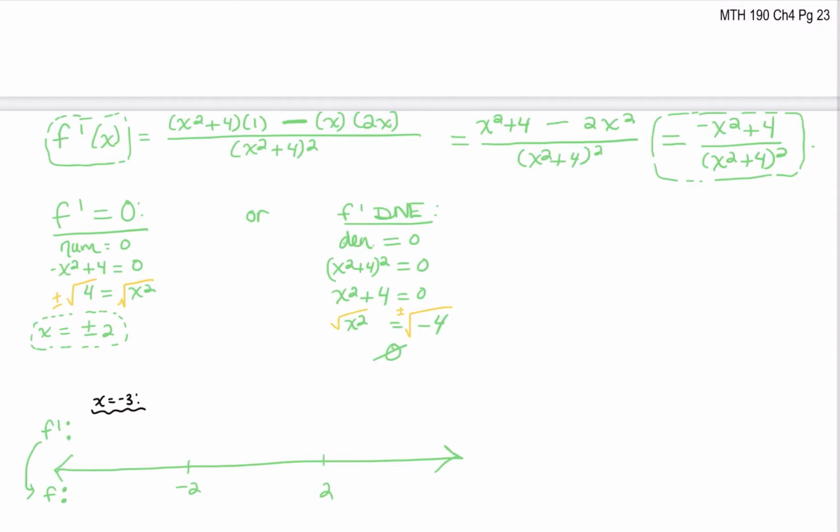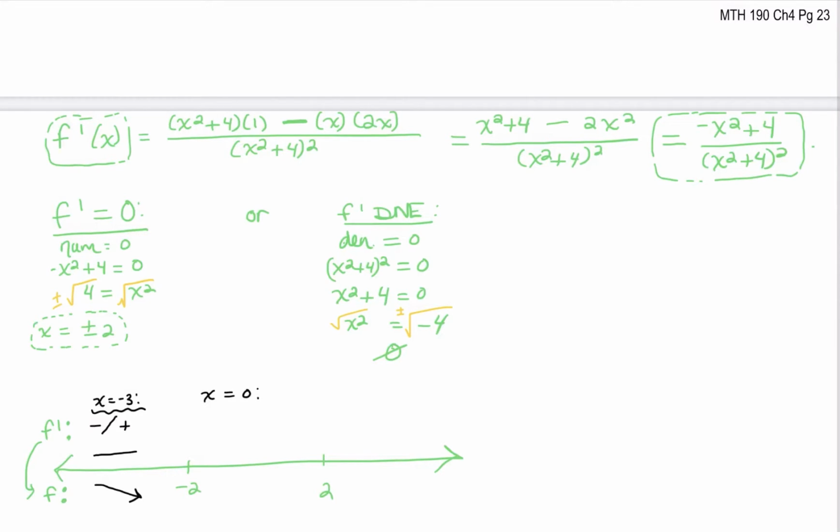Remember, we're subbing into f prime. Negative 3 squared would be 9, but there's a minus in front of that. So minus 9 plus 4 would be negative in the numerator. The nice thing about this denominator, x squared plus 4, is that it's positive, and then you square it, so it's definitely positive. So a negative divided by a positive is negative, and where f prime is negative, that means f is decreasing.